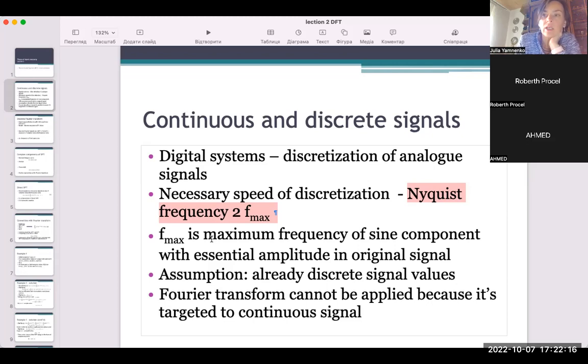That's why we can define some maximum frequency level. After that level, the Fourier spectrum will contain only non-essential components. And this frequency, this threshold, will be called the Nyquist frequency.